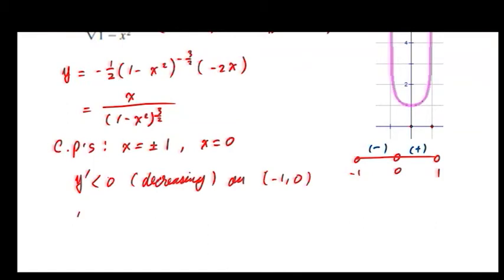And y prime is positive, which means increasing on 0 to 1. This is the only format that is acceptable, okay? So when we have decreasing followed by increasing, this is your minimum, isn't it? So therefore, this one is an absolute minimum, isn't it? Local and absolute.